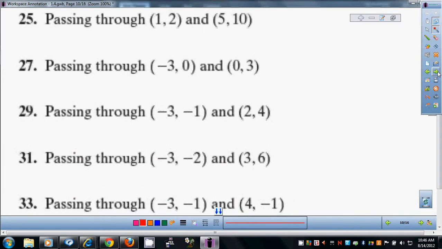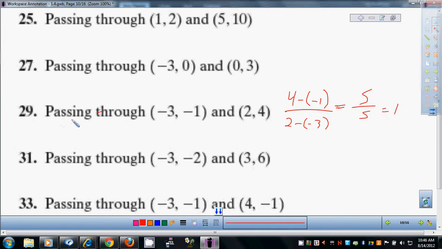Anyway, for these, exact same thing as the last few problems. The only difference is, what do we have to find first? You're right, but to find point slope form, we have to find the slope. So like 29, finding the slope: y2 minus y1 over x2 minus x1. That's 5 over 5. Ooh, 1. That's easy. Now, once I have the slope, which coordinate do I use for my formula?